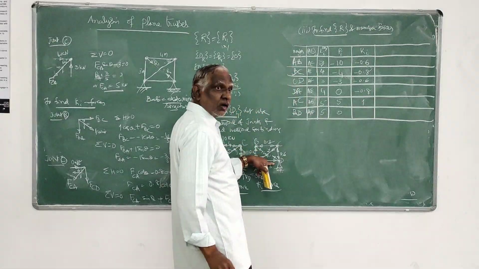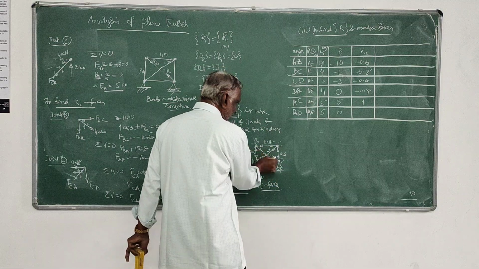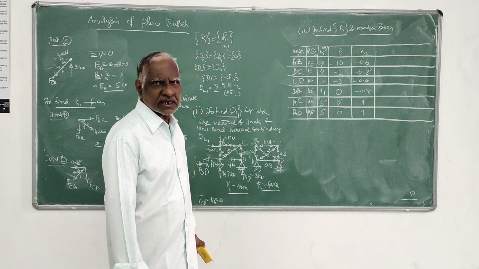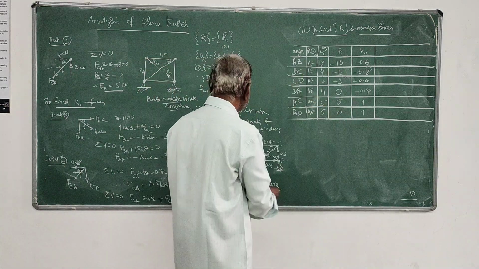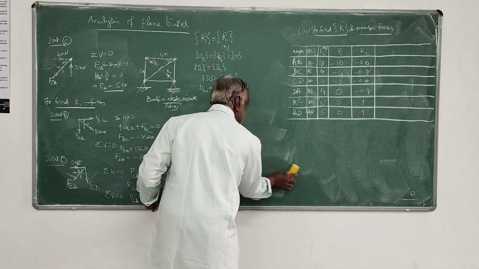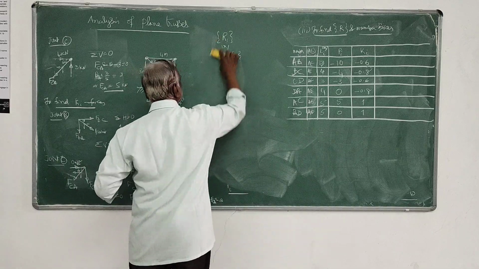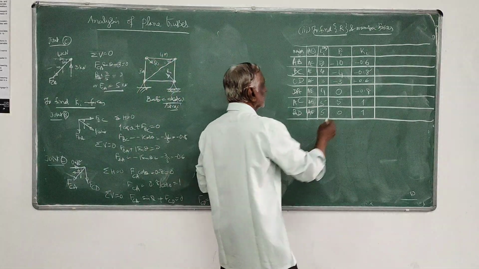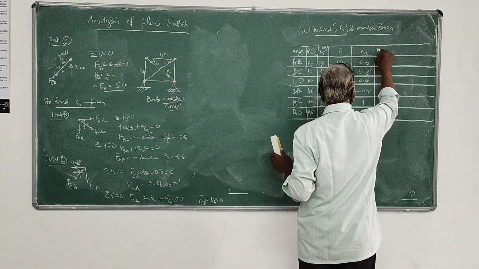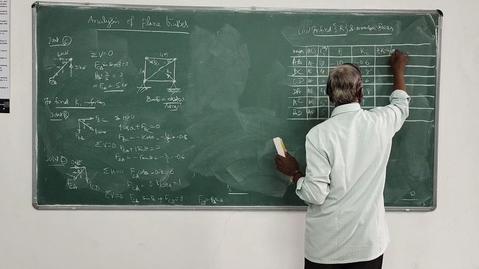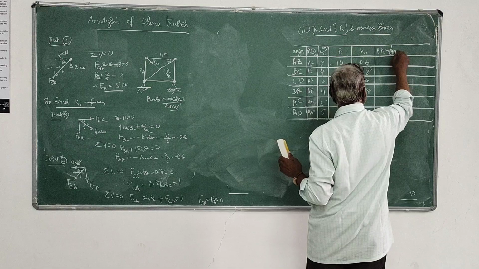And this is also 1 you have to take, because I am applying a unit load along that direction. So this entire analysis, whatever I have done, I have used in this particular table. Now you find out PI, KI, LI by EI.